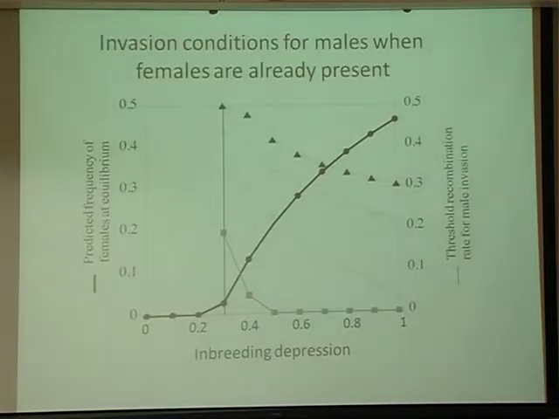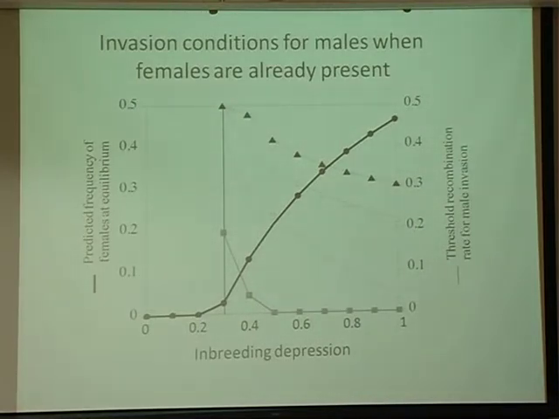When we get the equation for the increase of males when females are already present, this shows some of these results. So this is the level of inbreeding depression. This is the predicted frequency. This thick line shows the predicted frequency of females at equilibrium that you can work out from the population genetics. This situation, and we're asking if we had a rare male, can it invade?